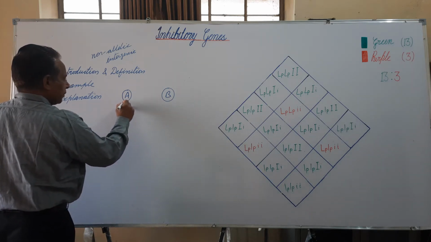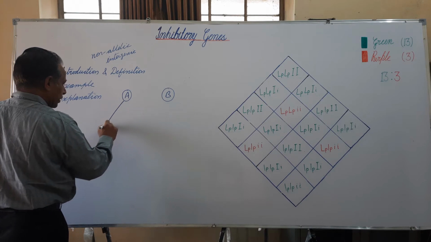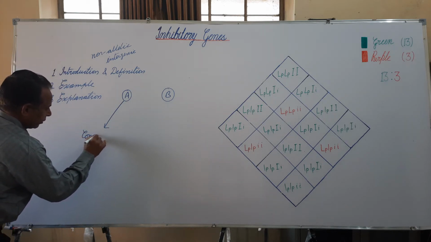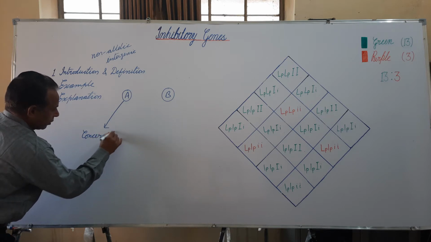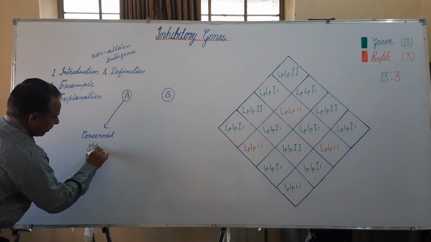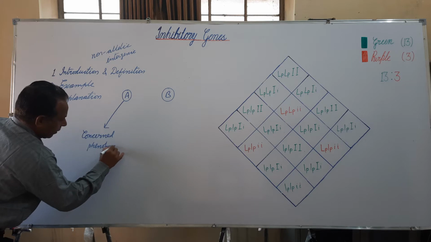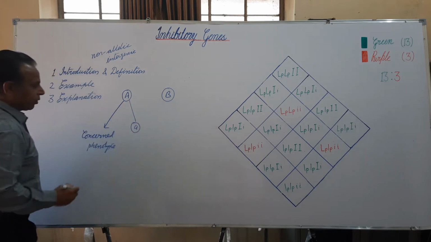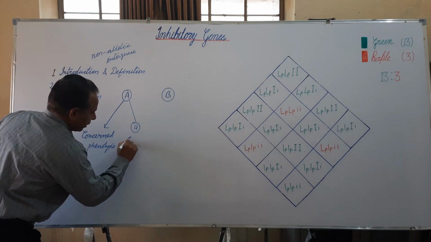Gene A is able to express as concerned phenotype, and in the recessive condition it produces the contrasting character.